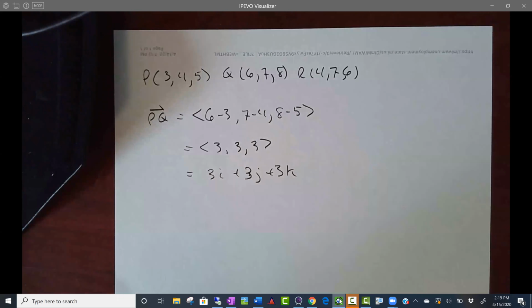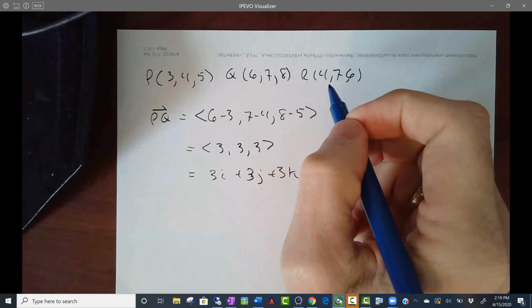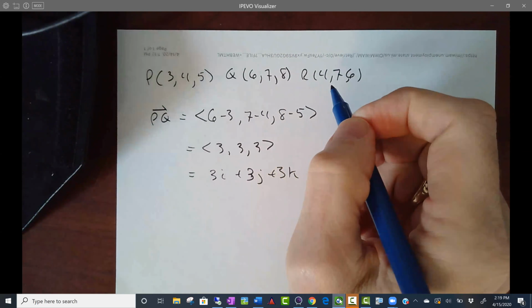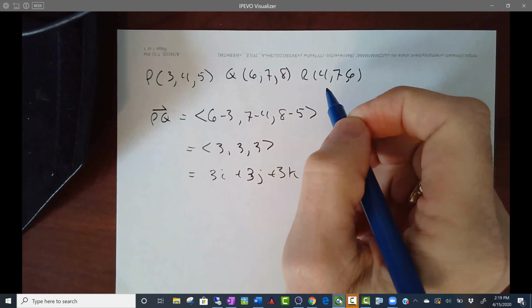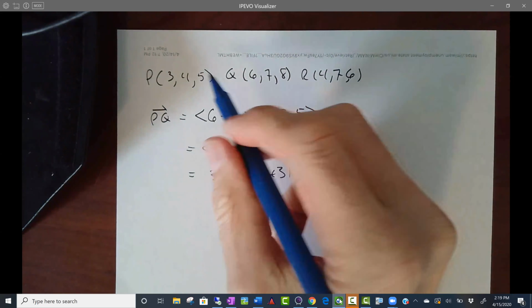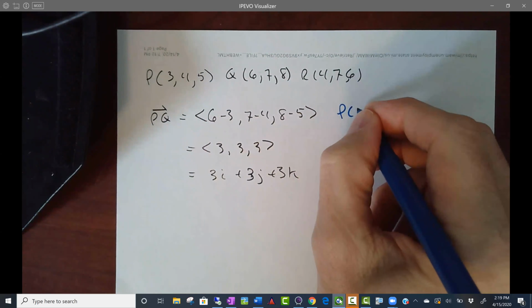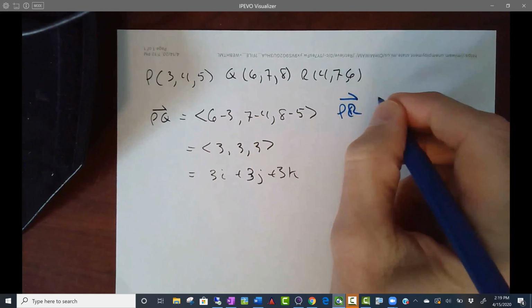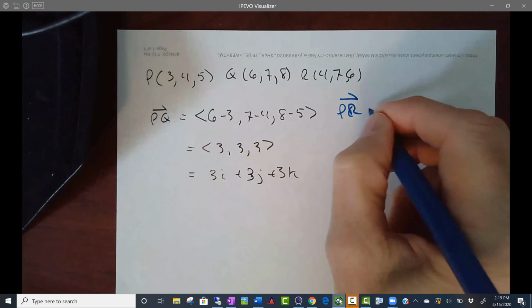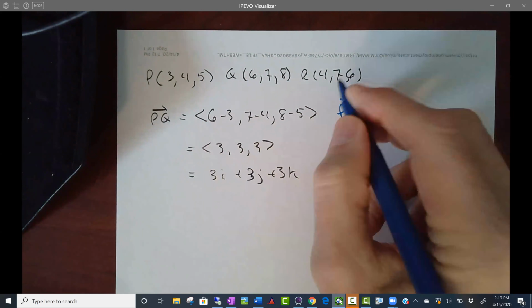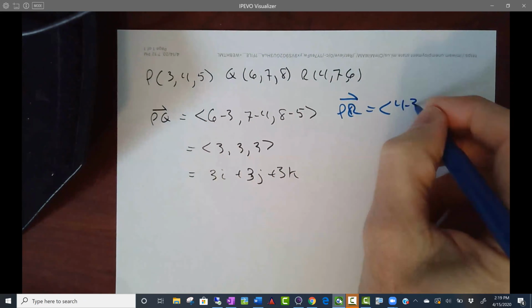Now I'm going to repeat that for my other vector. I want something starting at P and ending at R. So P, R. So we'll do that process again. It'll be 4 minus 3.